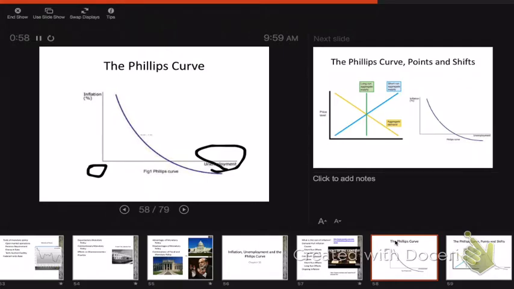One thing that this graph doesn't show that I always suggest that you draw is the long-run Phillips curve, which is simply a straight line right here. Long-run Phillips curve.